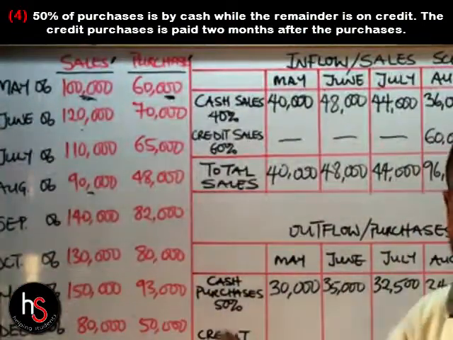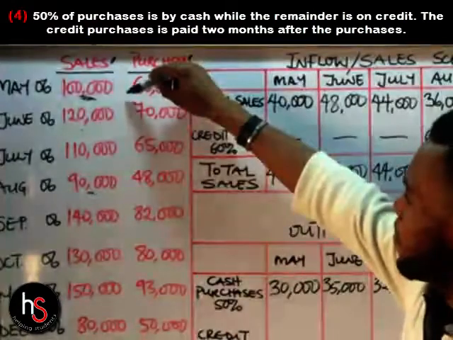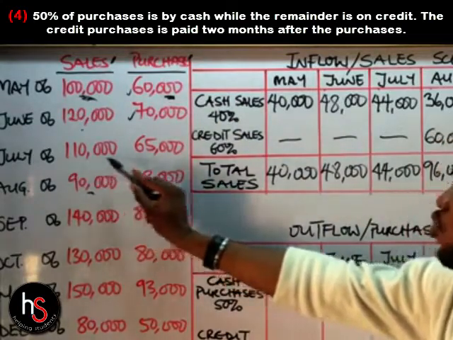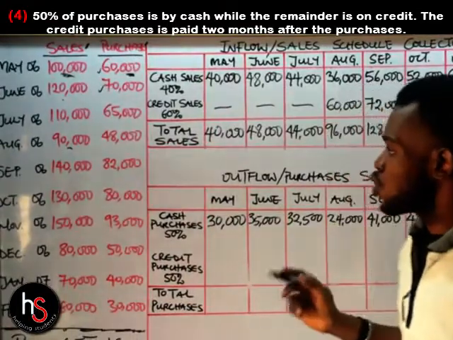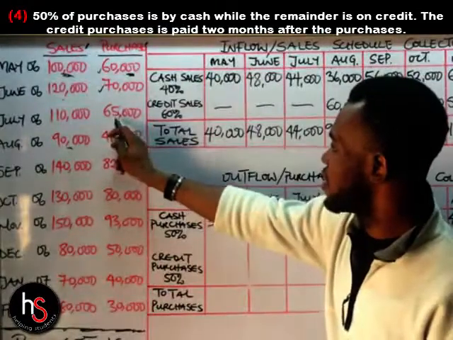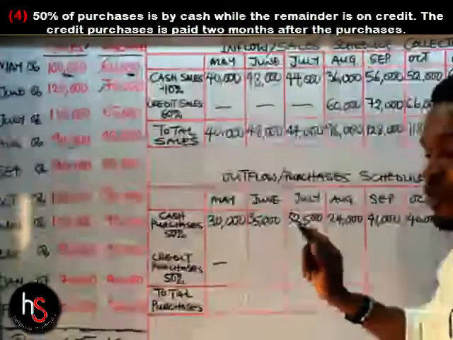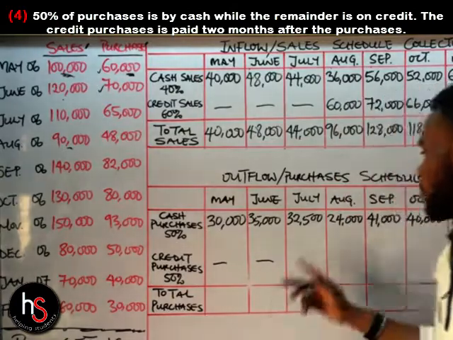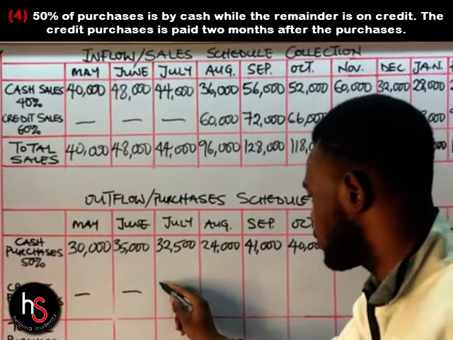So, just like what we did on the first section, but here it says 2 months after. So, May is off, June is off, which means the payment was made in July, all right? The payment started from July. So when we come to May, off, we come to June, off. Remember, 2 months after. So, in July, we have 30,000.